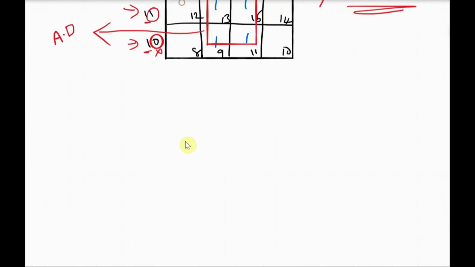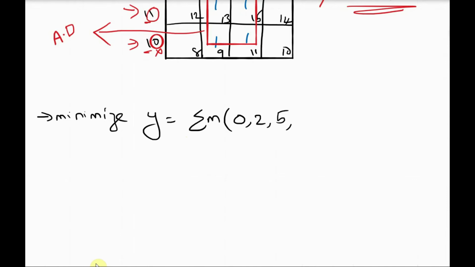We will see another example. Minimize y is equal to sigma m of 0, 2, 5, 7, 8, 10, 13 and 15.